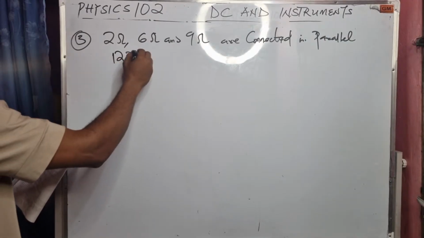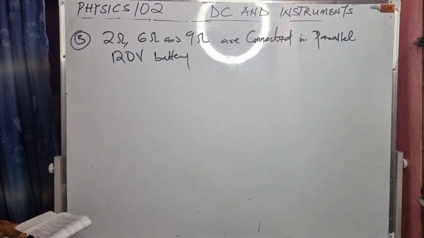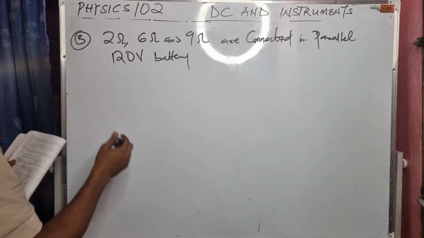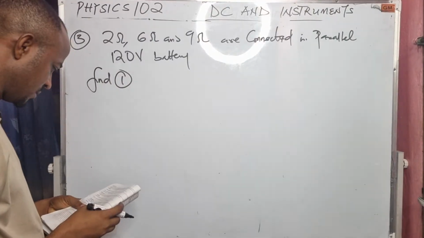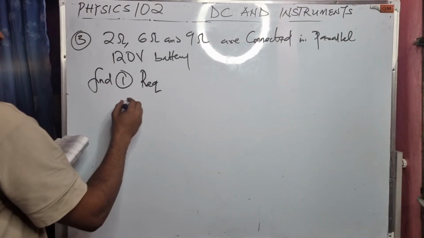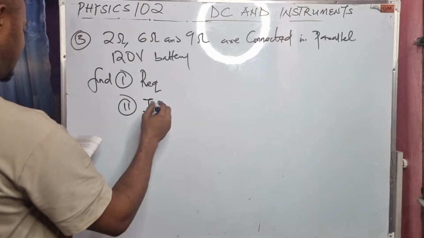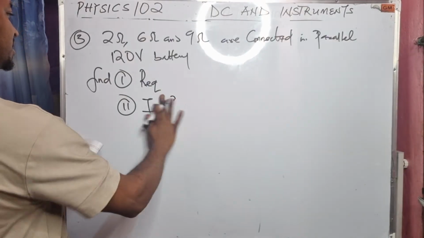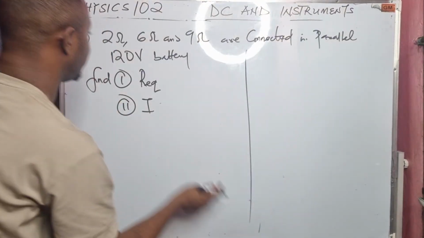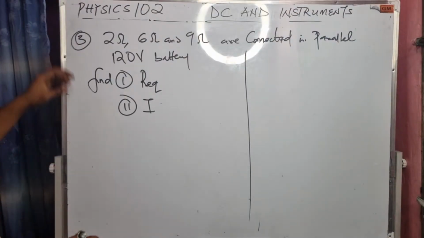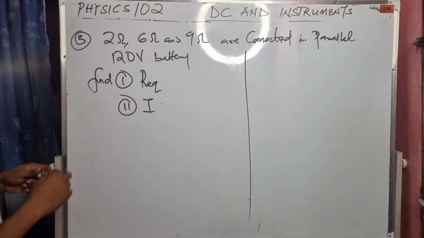I guess it's the same question, 120 volts battery, right? And we are now also to find, number 1, R equivalent. Number 2, the current that flows through each resistor. The same question, the same figures rather, but this time we are told that they are connected in parallel. So what do we do here?